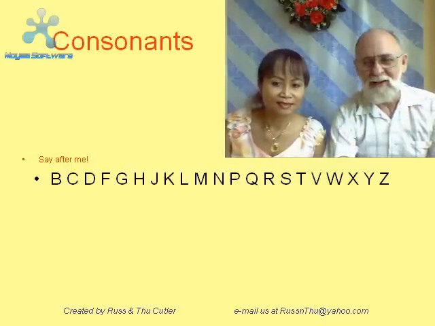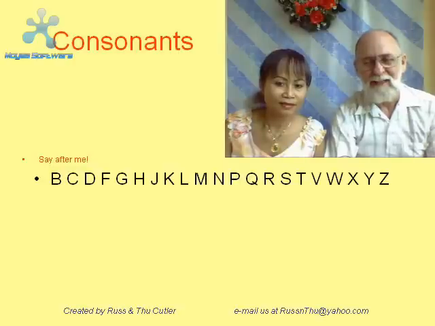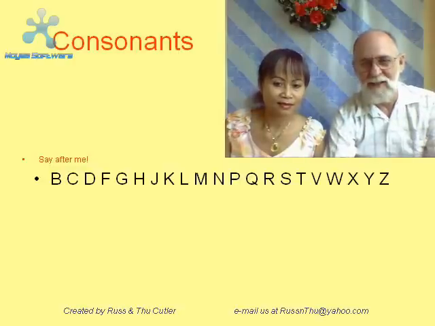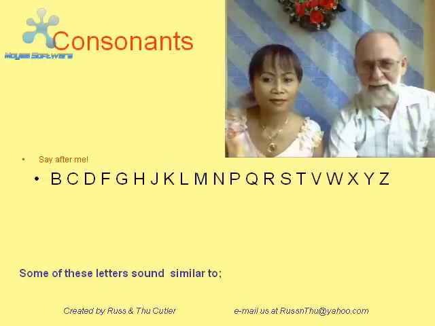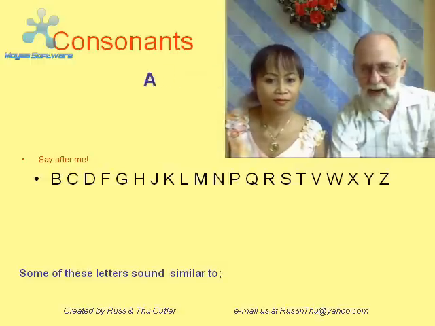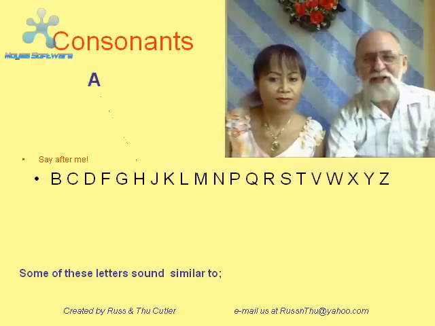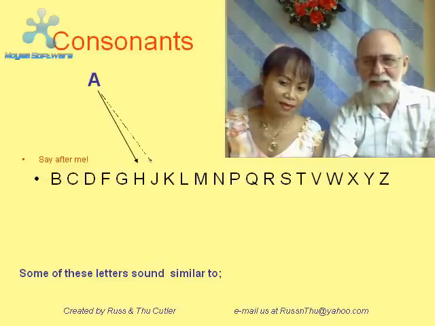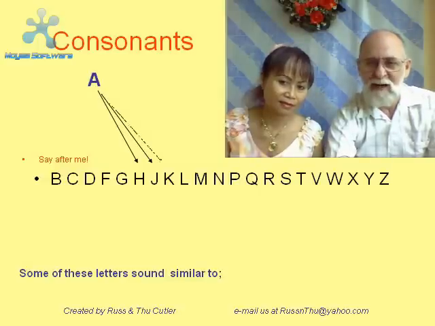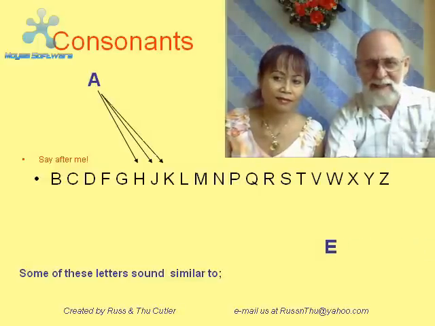Just a little reminder on several of these sounds, they have the long A sound in them. For instance, A sounds like H, and A sounds like J and K. And some of the sounds have the long E sound.